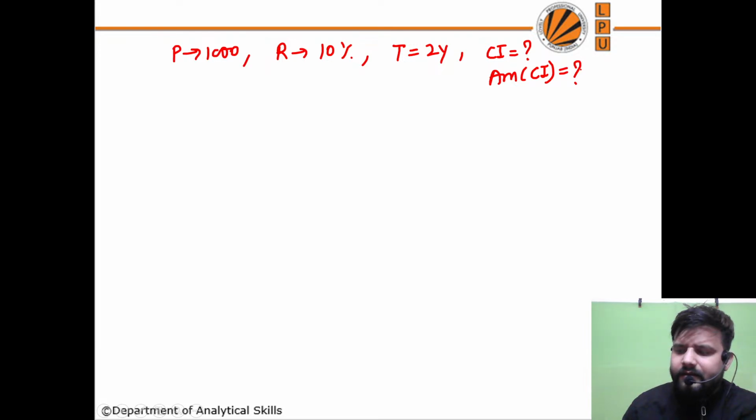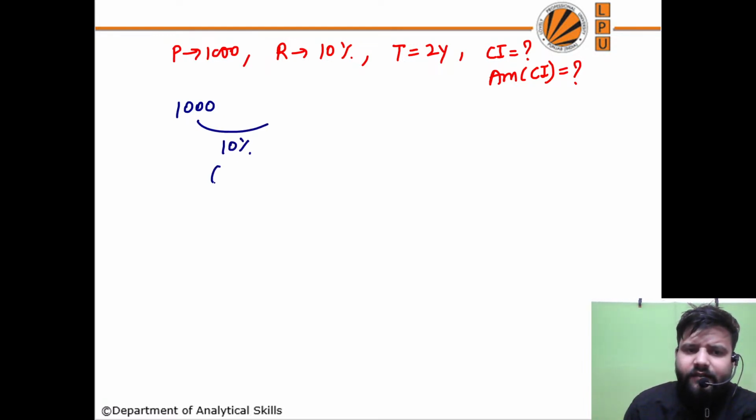Alright. So what will happen in compound interest? Initially the interest will be charged over 1000. So 10% will be charged over it. So 10% of it is 100. So now this is the interest you get after the first year.